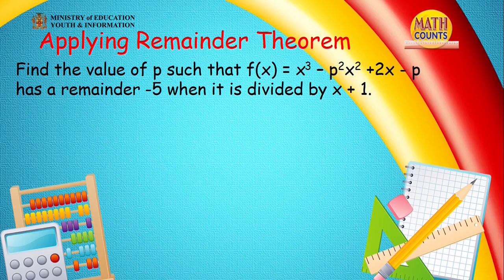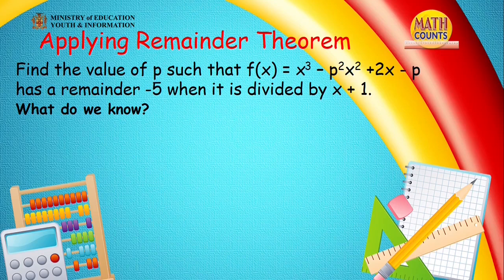Applying remainder theorem. Find the value of p such that f of x equals x to the third minus p squared x squared plus 2x minus p has a remainder of negative 5 when it is divided by x plus 1. Now, just like before, we have a function and we have a divisor.